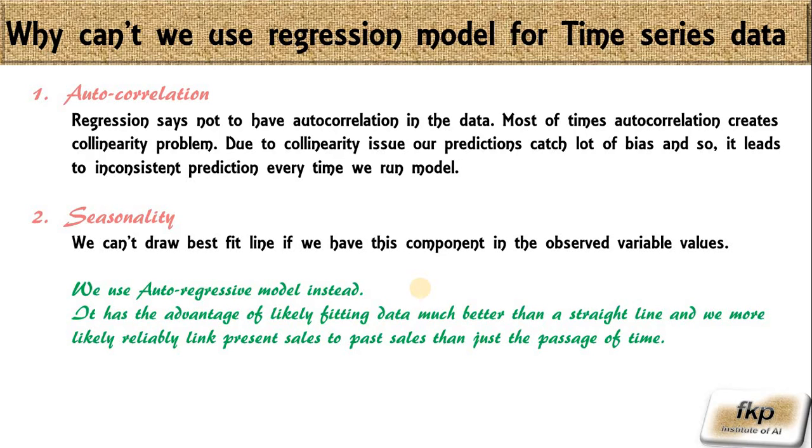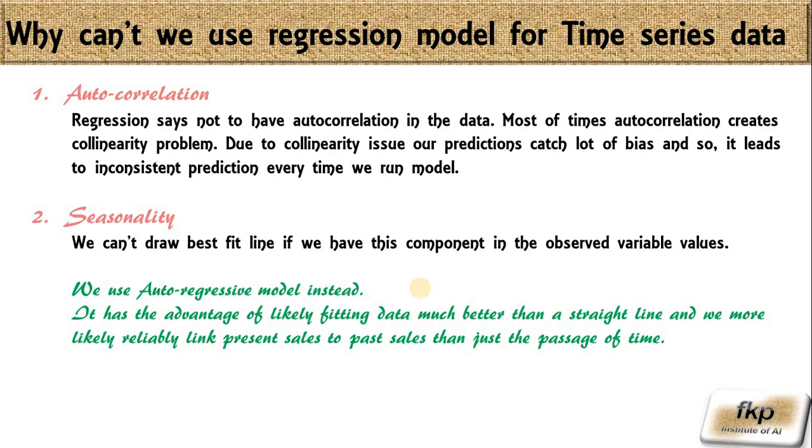One is autocorrelation, and the other one is seasonality. To predict time series data, we use autoregression models instead of a regression model. It has the advantage of likely fitting the data much better than a straight line, and we more reliably link the present sales to the past sales than just the passage of time.